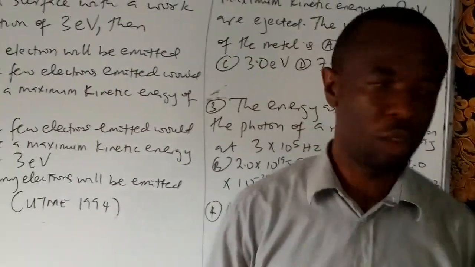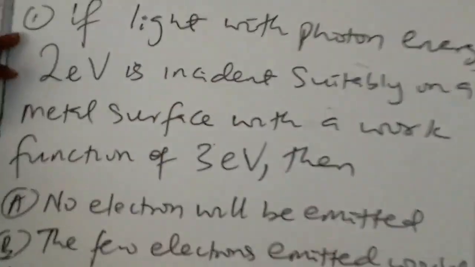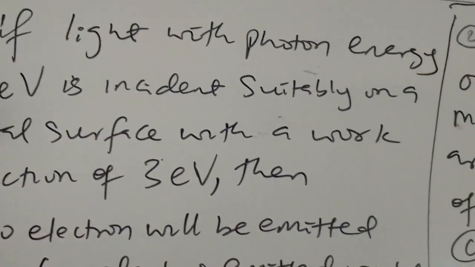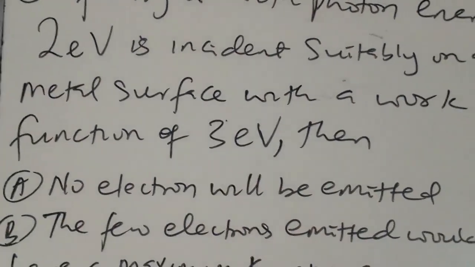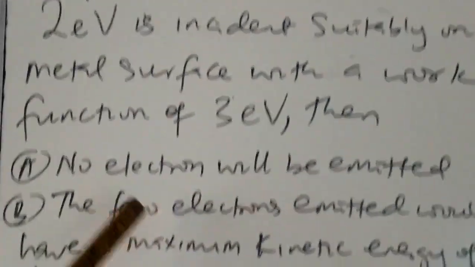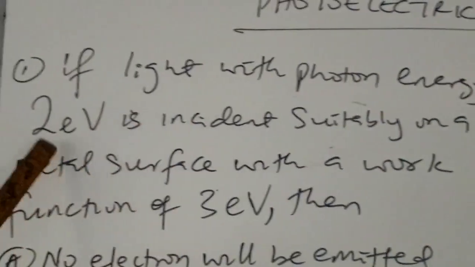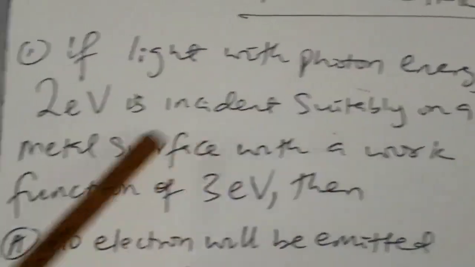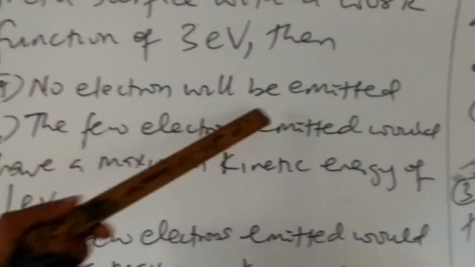So let's go to this question on the board that says, if light with photon energy 2 electron volts is incident suitably on a metal surface with a work function of 3 electron volts, then, let me repeat the question again. Option A, no electron will be emitted.